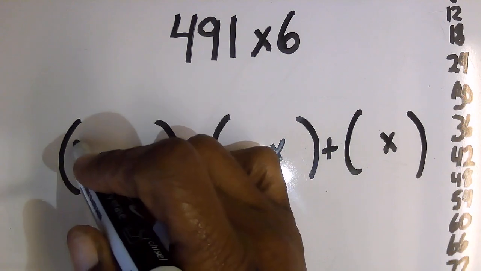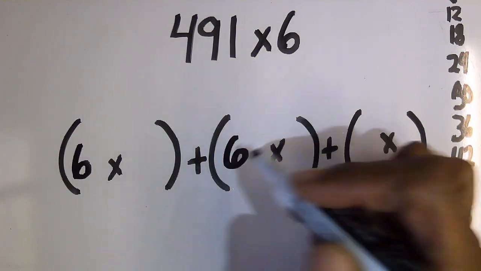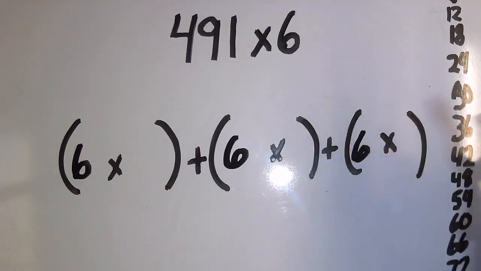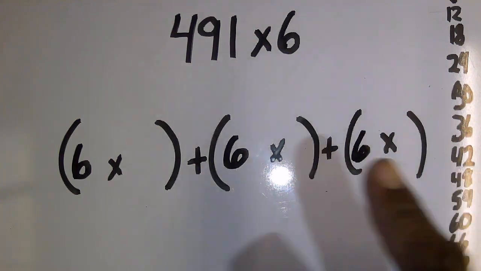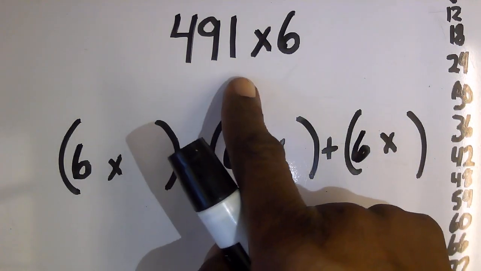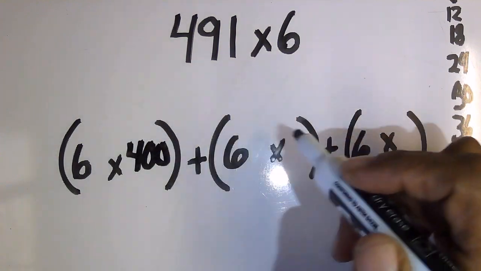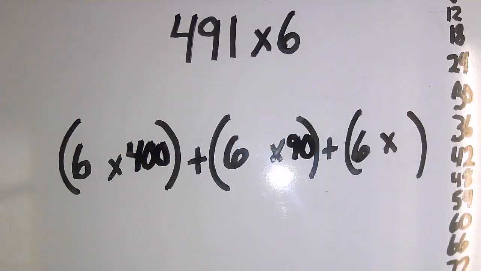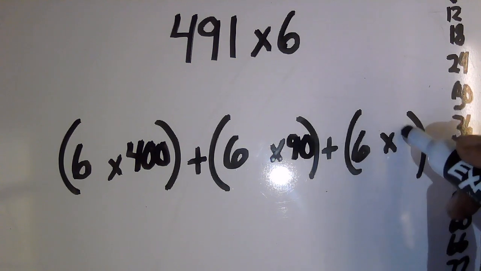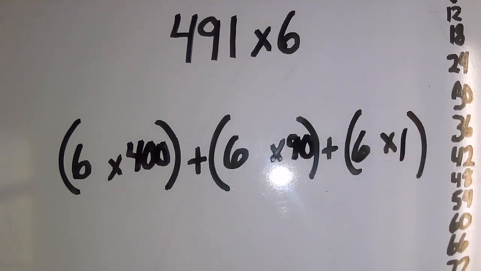The number that we multiply, that number is going to go first in each set of parentheses. And now this number is 491. So that's exactly what I'm going to write. The expanded form is 400 plus 90 plus 1. And now I'm ready to use my multiples to solve.